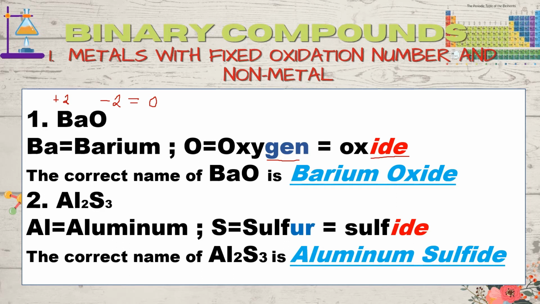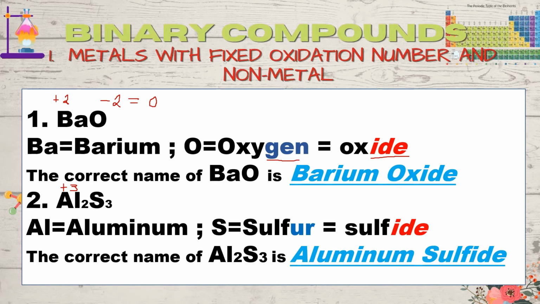Another example is a combination of aluminum and sulfur. So you have the oxidation number of aluminum, which is positive 3, since it belongs to family 3, and it is actually a metal with fixed oxidation number, meaning aluminum has only one oxidation number.